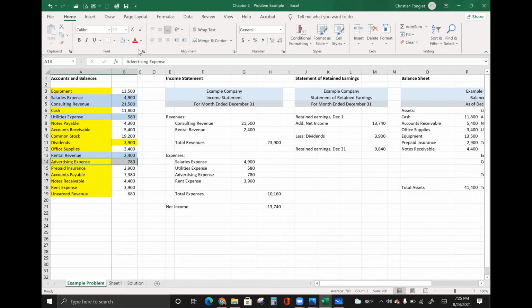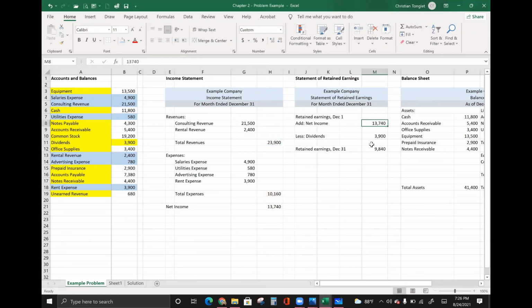Advertising, 780. Rent, 3,900. Okay, I'm just checking the accounts, make sure we didn't miss anything. I think we're good. Okay, so then we have net income.